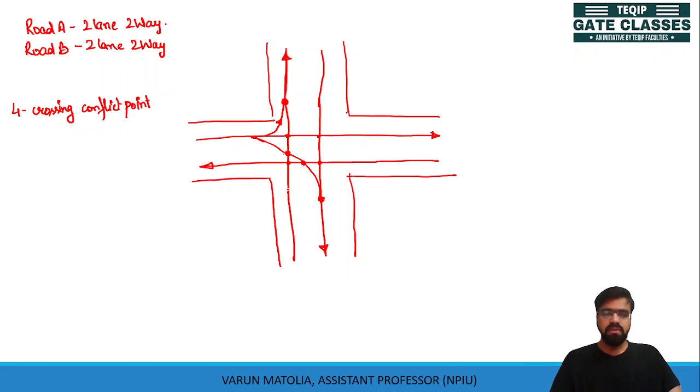This traffic will try to merge with this moving traffic, making this point a conflict point. Then we have right turning traffic. This traffic would like to move in this direction, and it will merge here.